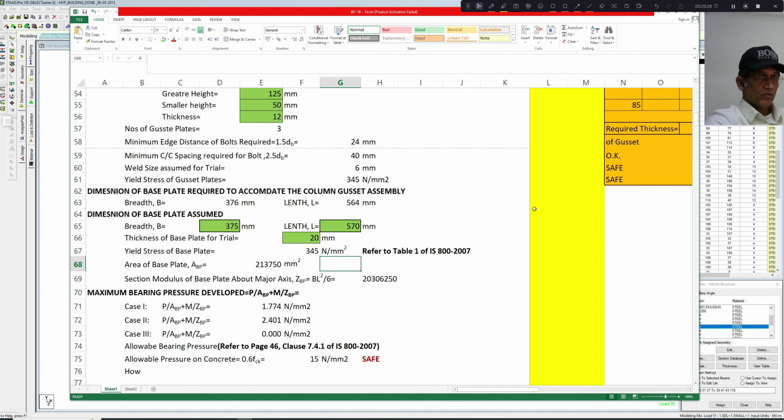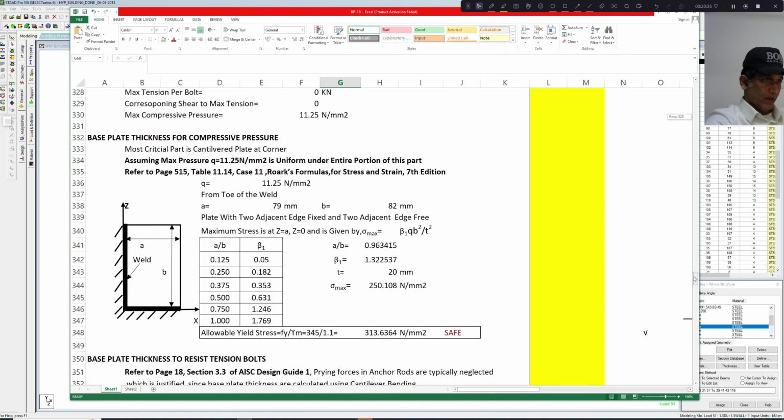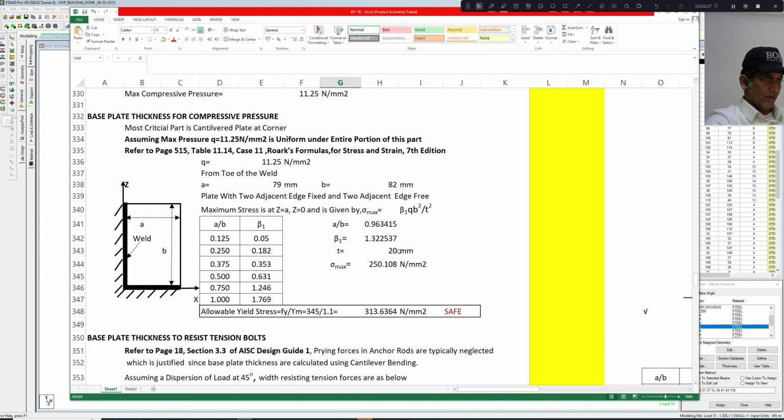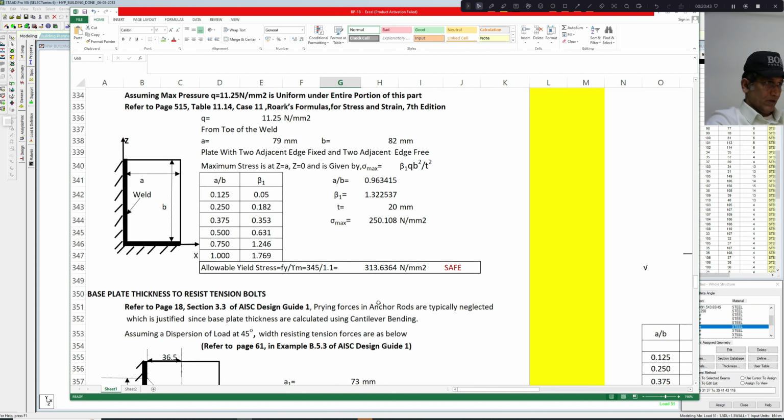So now if we go back to here, the maximum stress here is now 250 Newton per millimeter square, yield is 330 Newton per millimeter square.